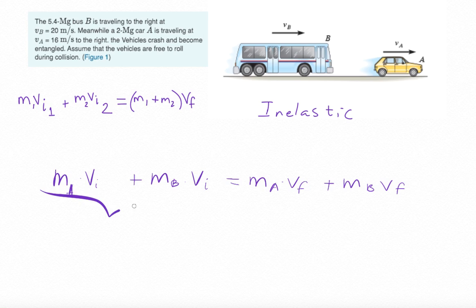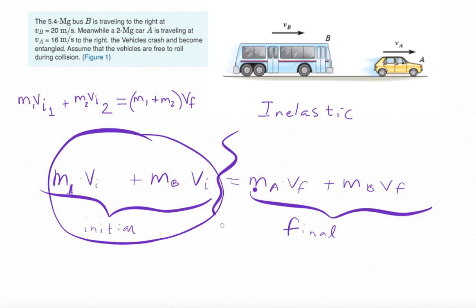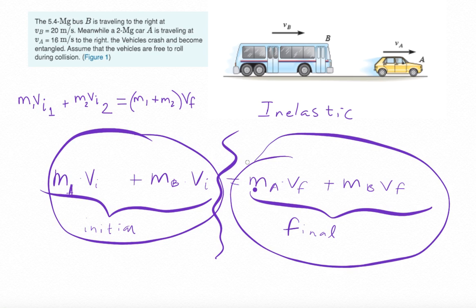So this is our initial state, and this right here would be our final state. We have something going on initially, then some collision happens, and we are left with a different state that has different velocities.